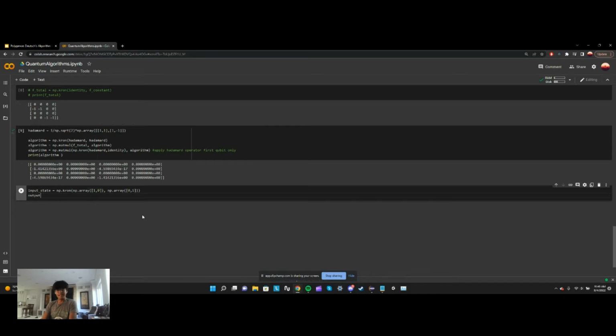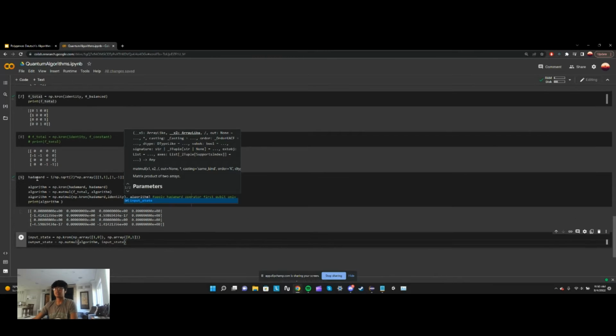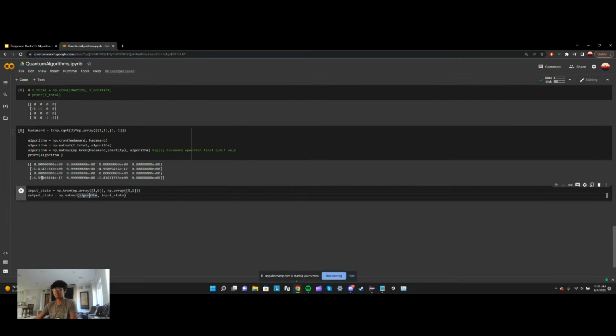And then our output state, quite the lengthy process here, would just be np.matmul of algorithm and input_state, right? So we're just applying the algorithm that we have constructed here and matrix multiplying it by our input state, as that's the result we would get.